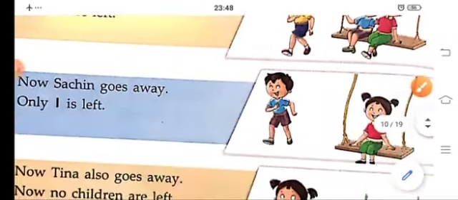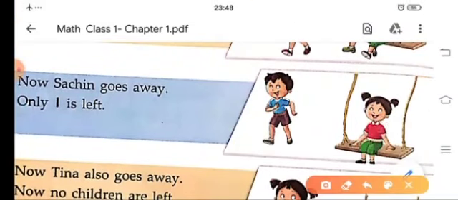Again, children, see the next picture. Sachin is also going because now he is thirsty. So 1 is left on the swing, and who is there? She is Tina. So 1 is on the swing.